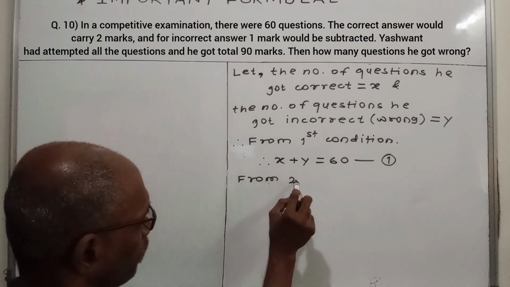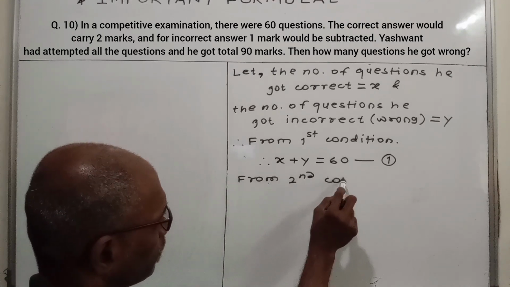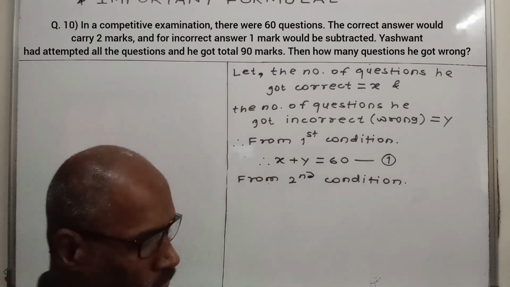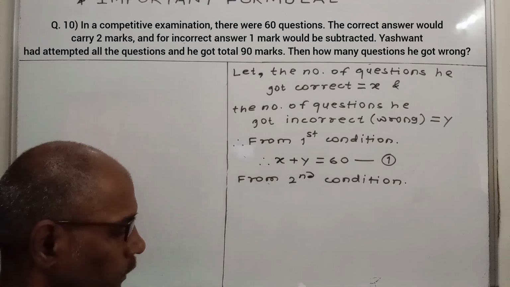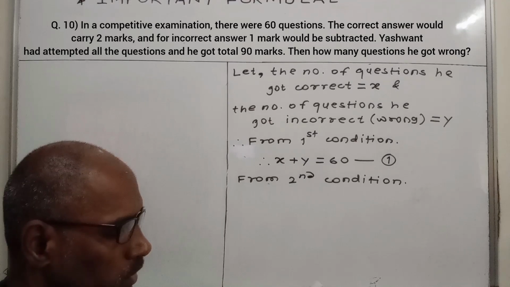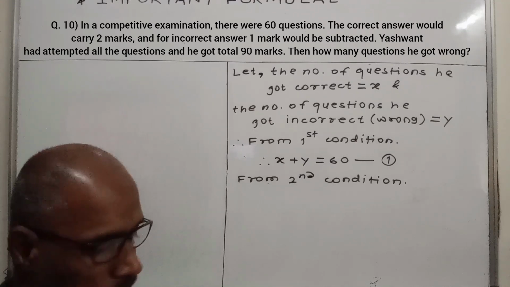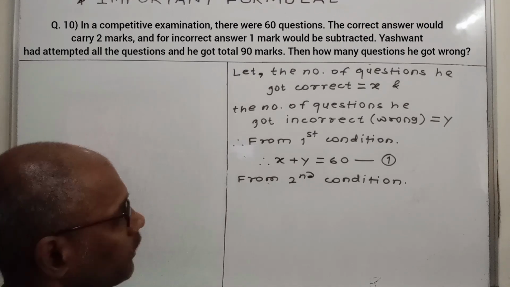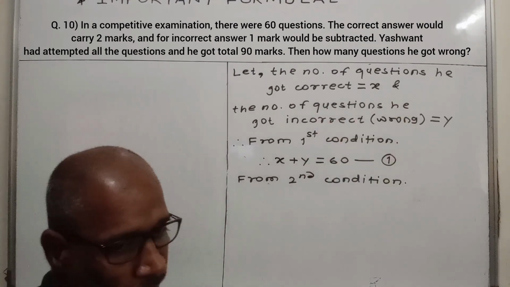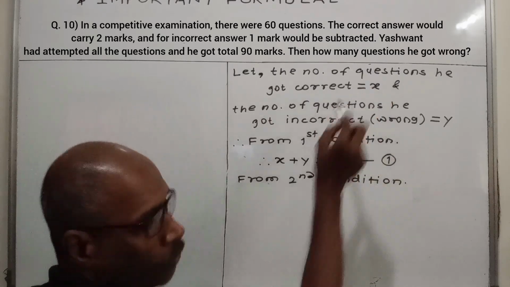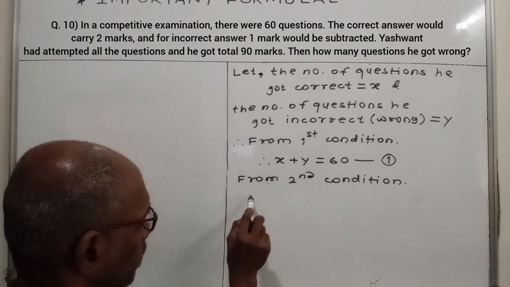From the second condition. What is the second condition? See here. The correct answer would carry 2 marks. How many correct? x. Correct answer 2 marks means 2 into x.